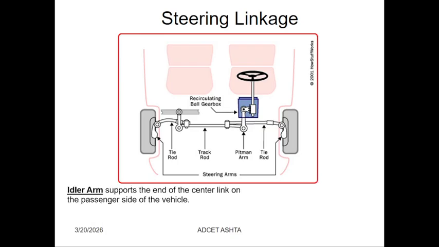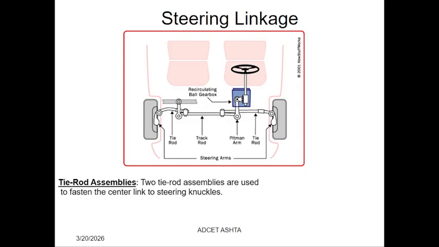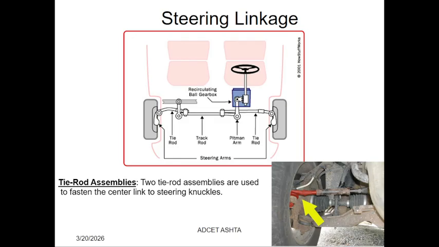Then the idler arm supports the end of the center link on the passenger side of the vehicle, and it is bolted to the vehicle. Wear will be caused by excessive steering play. The tie rod assemblies are used to fasten the center link to the steering knuckles, and the steering knuckle is connected to the axle.